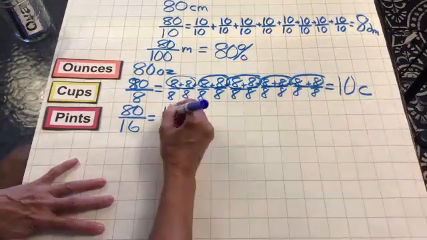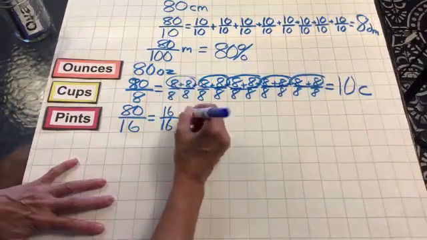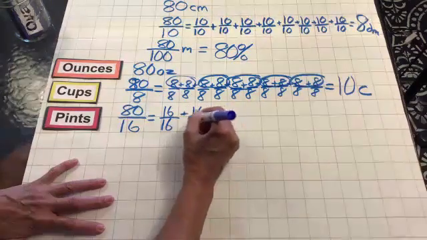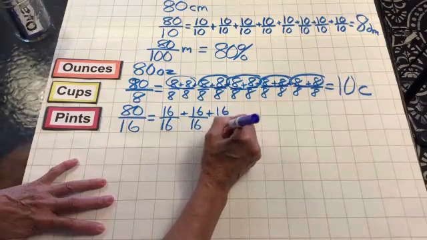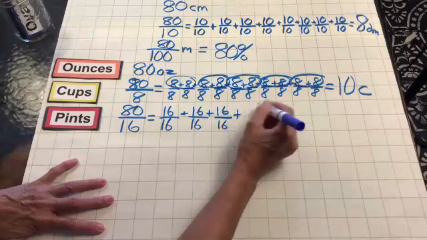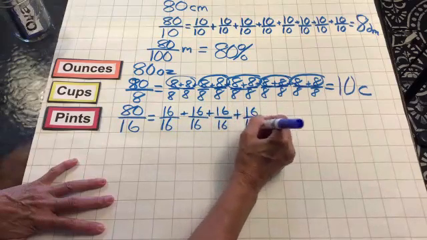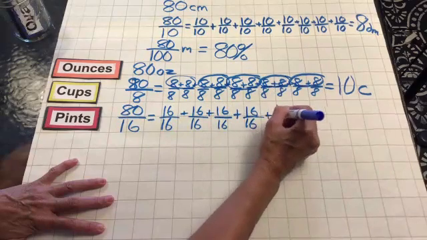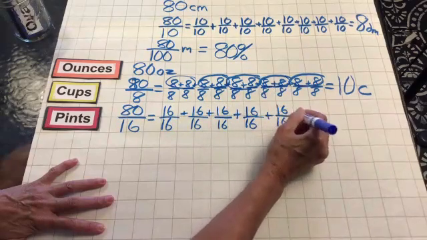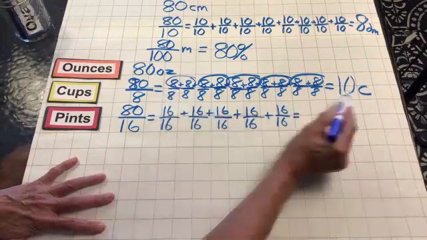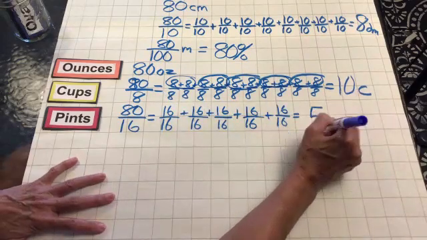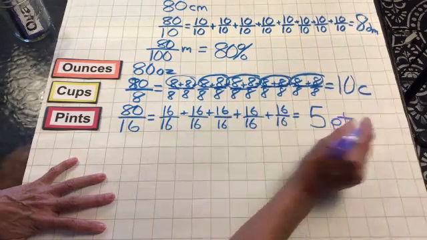So we have 16 over 16 for each of these five groups. So 2 cups make a pint. And so if we have 10 cups, we have 5 pints.